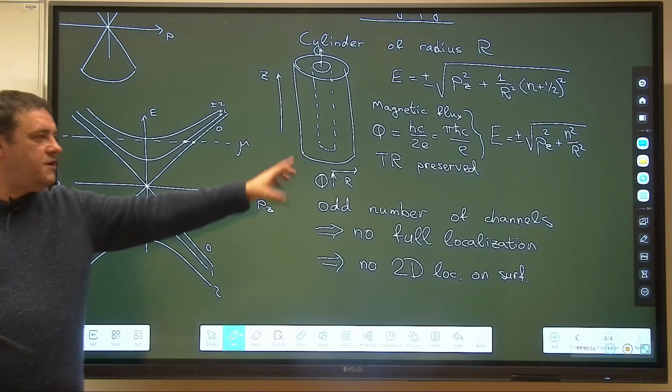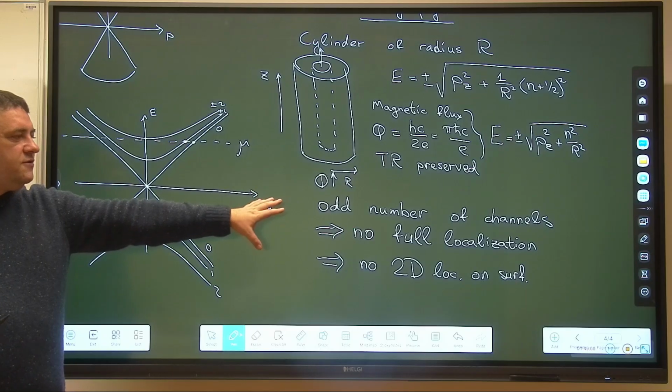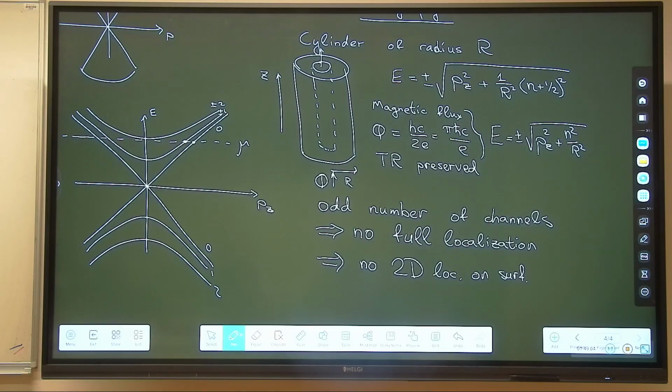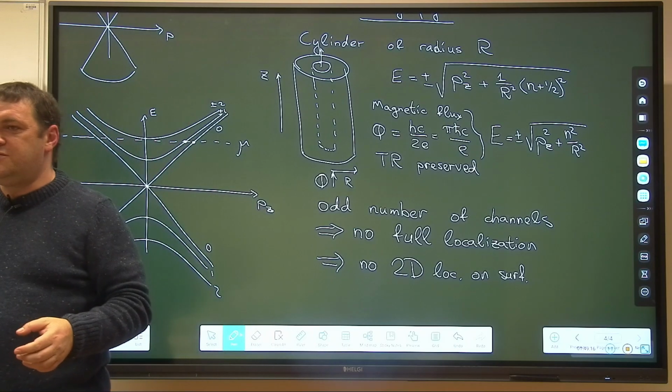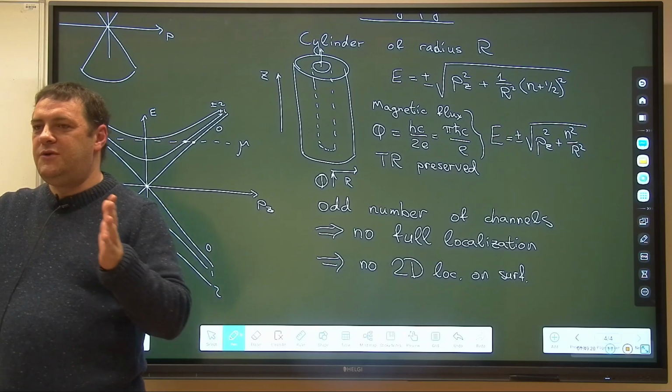This proof, by the way, I didn't tell you, is very similar to what is called the Laughlin argument, how Laughlin proved that in the usual quantum Hall effect there are delocalized states. He also made a cylinder, had a magnetic flux, but there the magnetic flux was not half a quantum, it was a parameter that was changing, and by changing it by 1 quantum you can count how many.